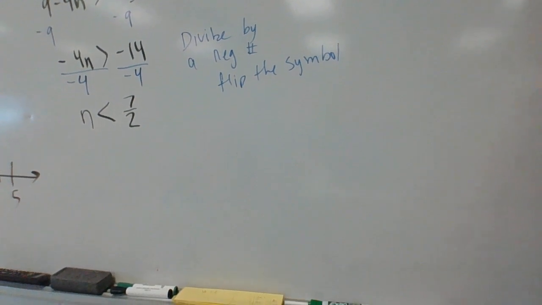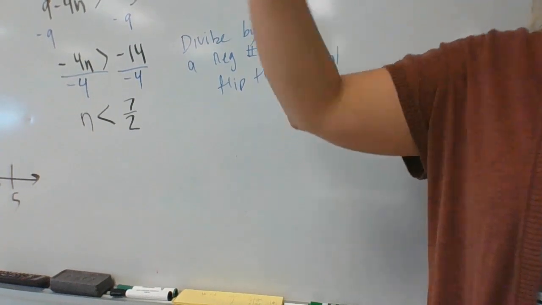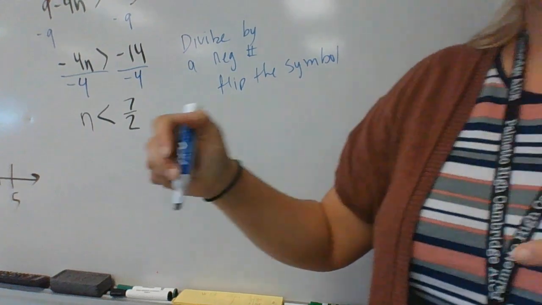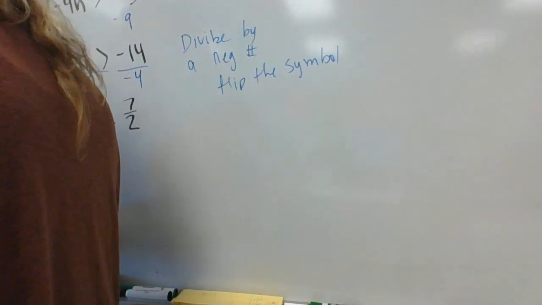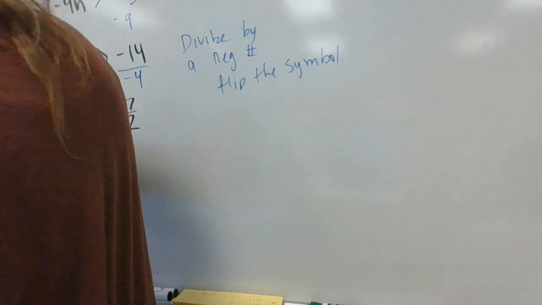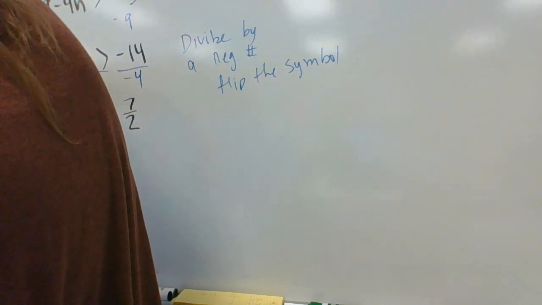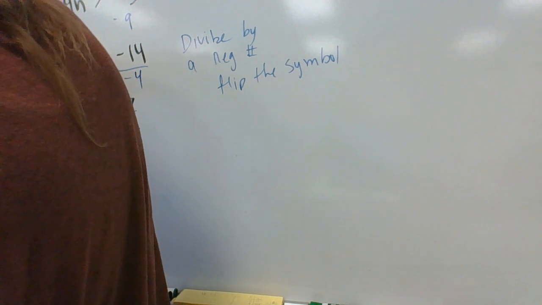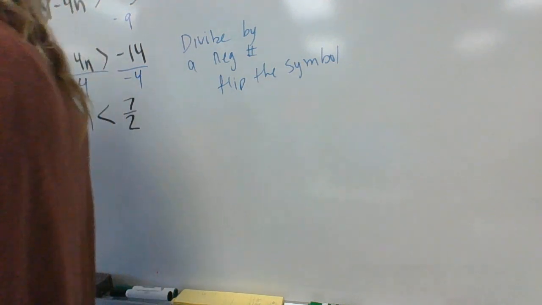Check it out. It meets in the middle. Instead of going opposite directions, it meets in the middle. So I had one arrow going left and one arrow going right. They're meeting in the middle.